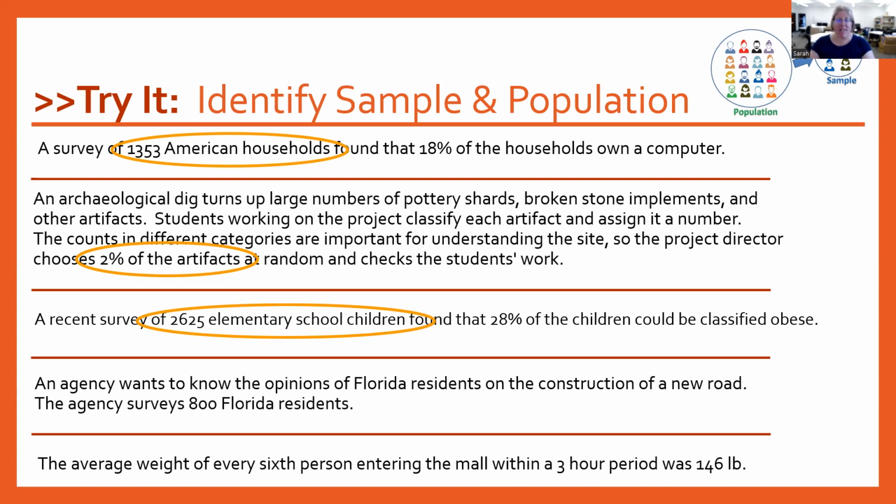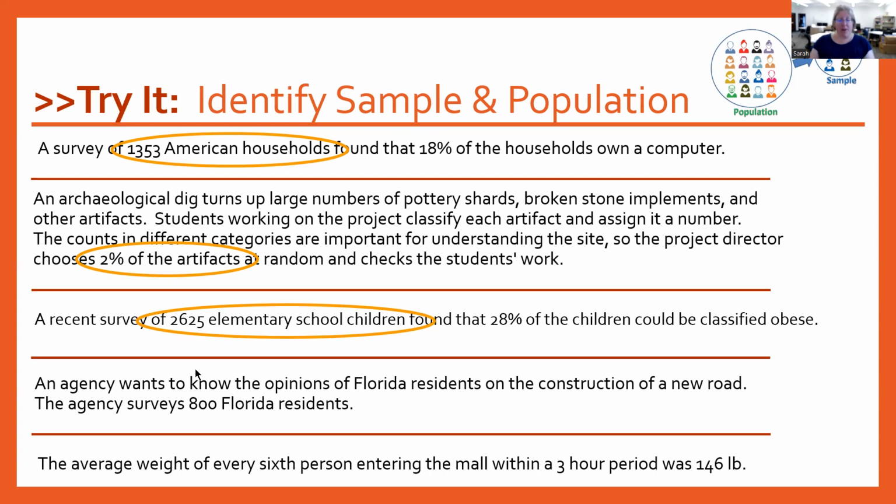And my population is just going to have to be all elementary school children. I don't even know that I could narrow it down to a country based on the information provided here. So that would be a little bit concerning. Different countries might have different obesity rates, maybe, maybe not, but we wouldn't know unless we dig down on this a little further.